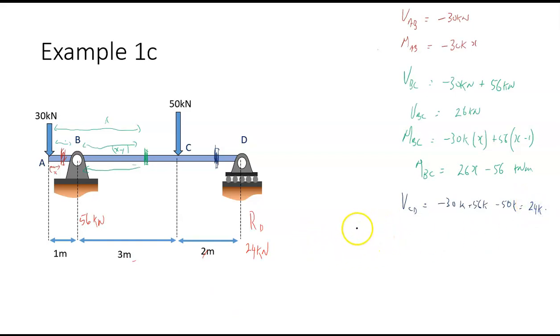And if I want to get the moment from C to D, moments from C to D, well, we just add them all up. So that now becomes x. I get minus 30k x plus 56 times x minus 1 minus 50 times x minus, so that's 3 and 1 is 4.